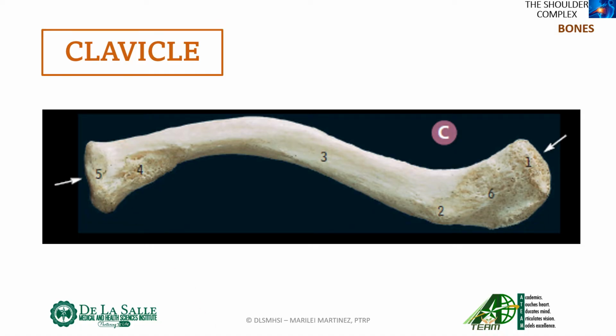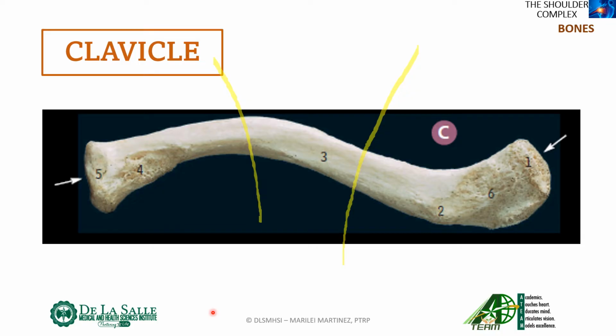And if we are to divide our clavicle into three, 1, 2, 3, the most common location of fracture will be the weakest point of the clavicle. And the weakest point of the clavicle is the connection between the middle third of the clavicle and the lateral third of the clavicle.